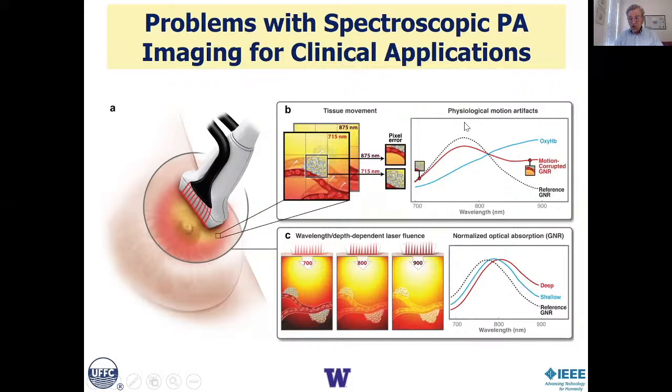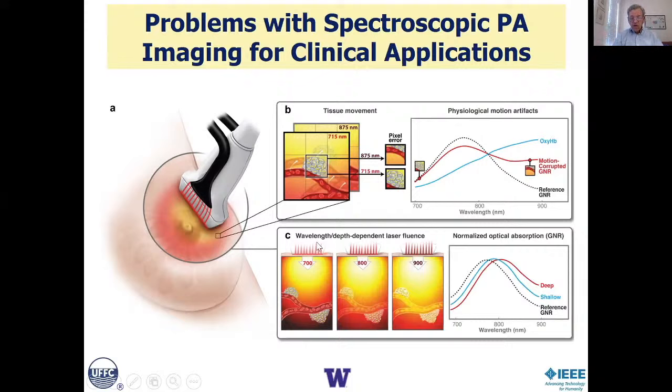And this just shows how, when you have a reference spectrum which you're trying to tune to, that molecular signature, when there's motion, particular sources can move in and out of an imaging voxel, and you can corrupt the spectrum and therefore make spectral misidentification, so major artifacts in your image.